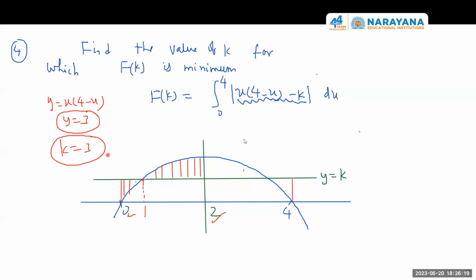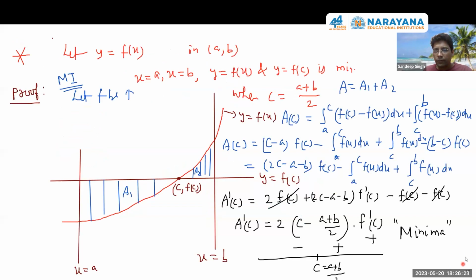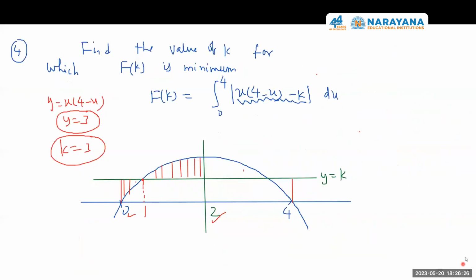If the limits are from 0 to 5, then it won't be continuous, and you cannot apply the theorem in this manner. JEE will only ask those questions where this theorem is valid.